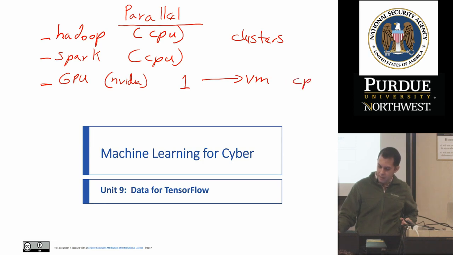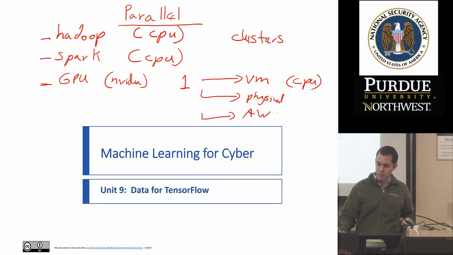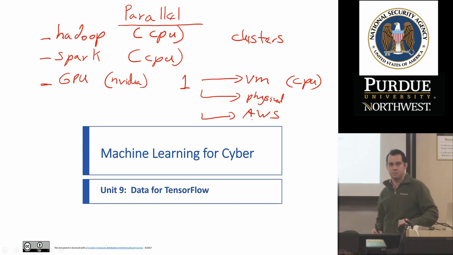And basically, in that environment, you're still using CPU, but you can run the application code that would run on a GPU machine. A second alternative is to have an actual physical machine. And then the third one is to use AWS, so some kind of virtualized environment.